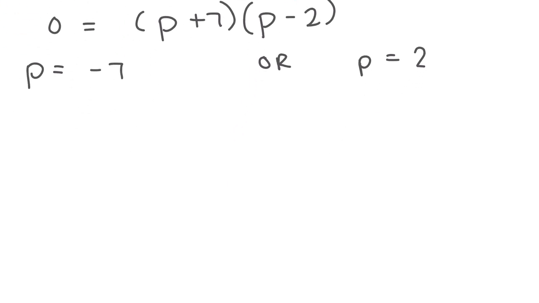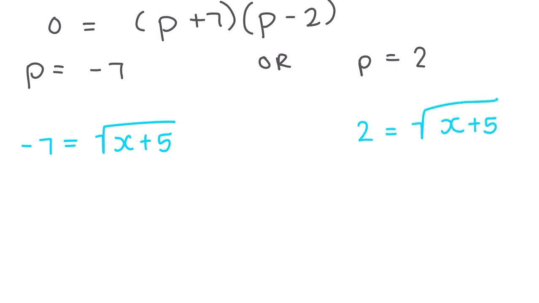We're then going to take our p value of negative 7 and make it equal to the root of x plus 5, and we're going to take 2 and make it equal to the root of x plus 5. And then we're going to remember that when we have a square root, the way that we remove it is by squaring both sides.